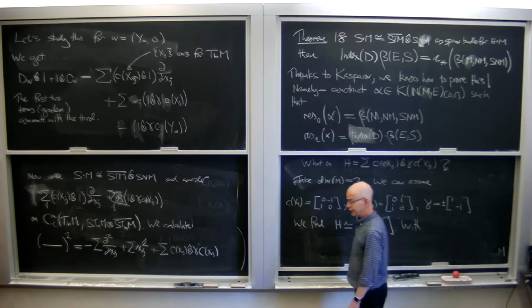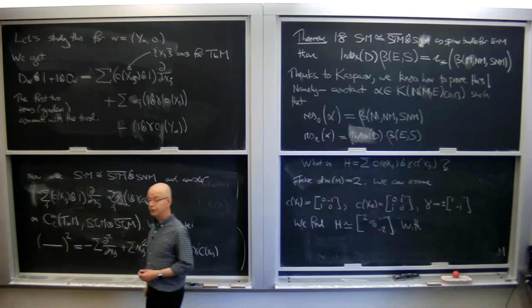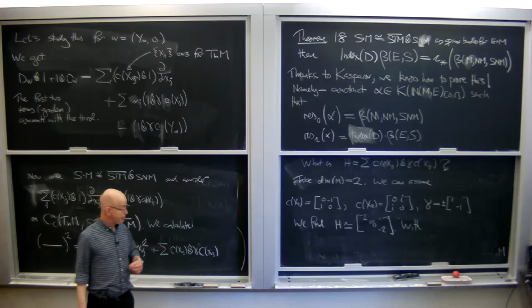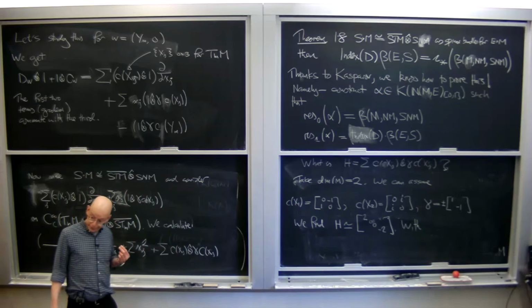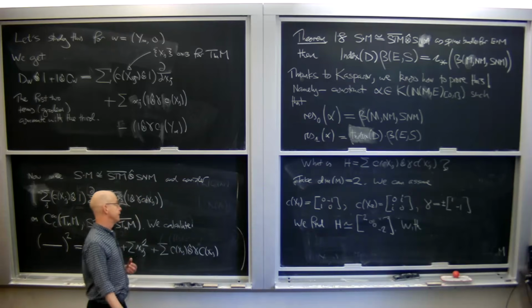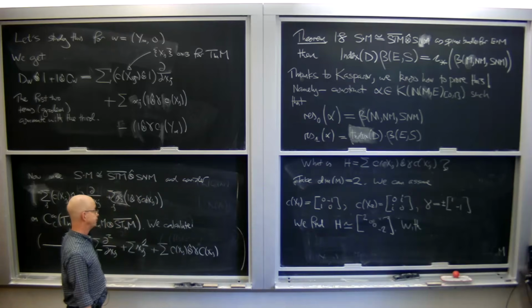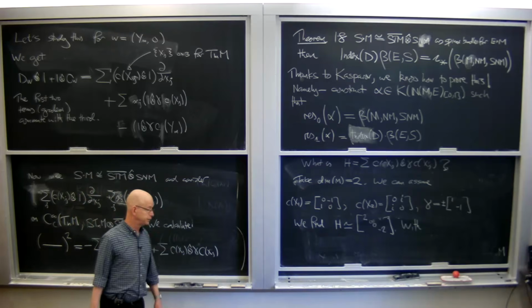And an interesting thing happens when you do this, which is that the 2 eigenvector is really, really special. Sorry, the -2 eigenvector.